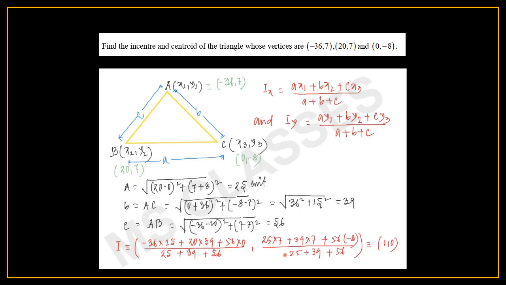Now, when you have to find the centroid of this triangle, it's very simple. We know the centroid of the triangle ABC will be (x1 + x2 + x3) / 3, (y1 + y2 + y3) / 3.